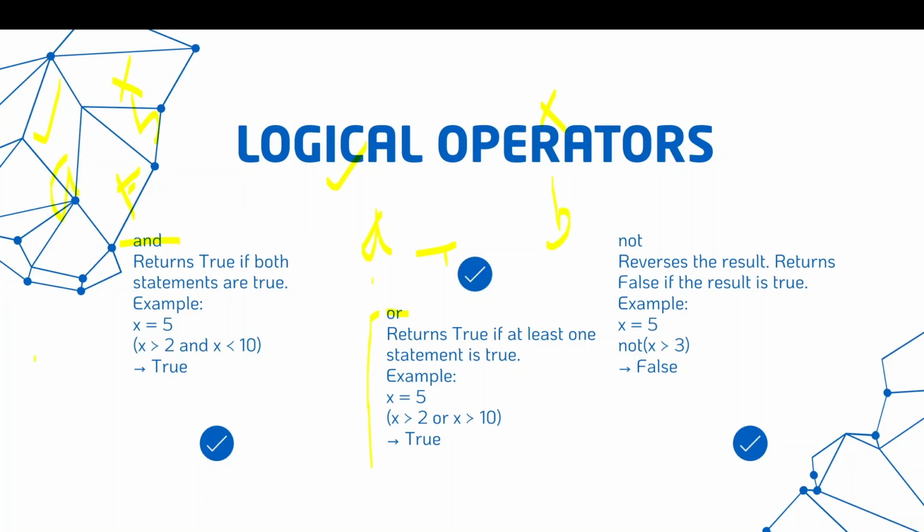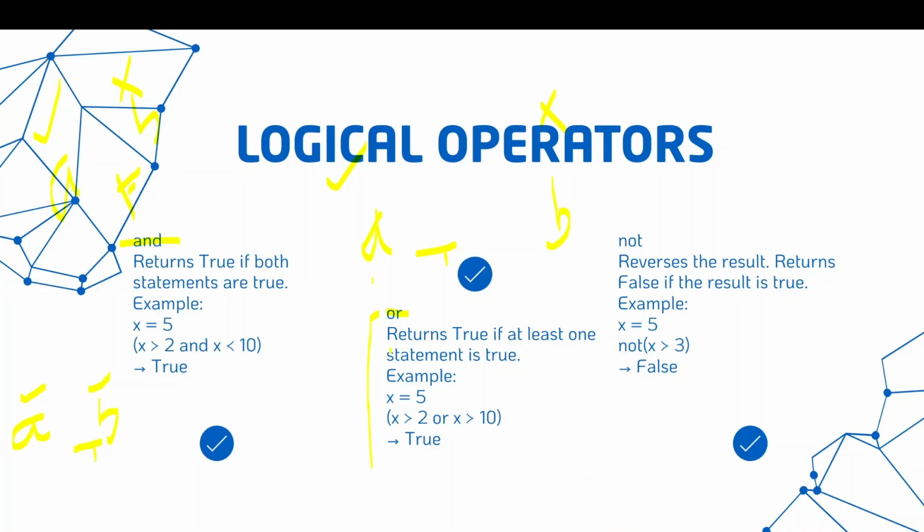To satisfy the criteria of the AND operator, both statements have to be true, like A is true and B is also true, then we get true. If any of them is wrong, we get the output false in the AND operator. But in the OR operator, if any one of them is true, then we get the output true.